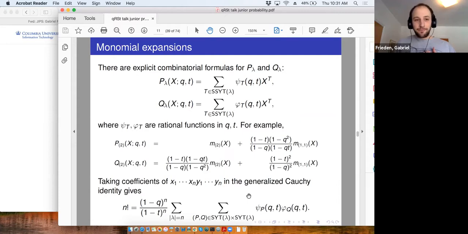But when you try to prove the Cauchy identity combinatorially, it leads you to the Robinson-Schensted algorithm, which is a very interesting thing and has lots of applications. So we thought, maybe if we can mimic that for this generalized identity, we'll come up with an interesting combinatorial algorithm.